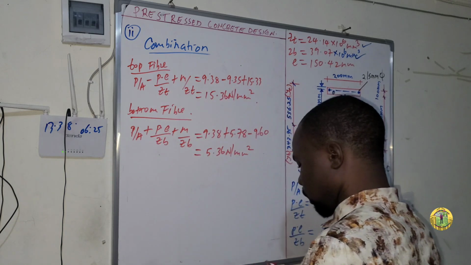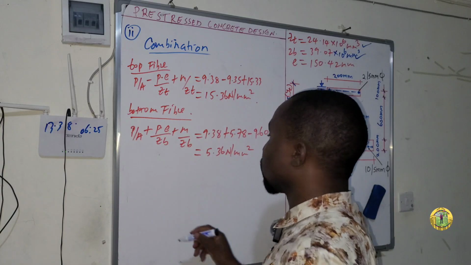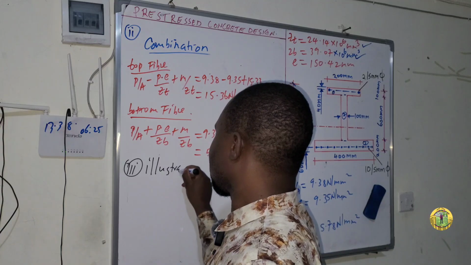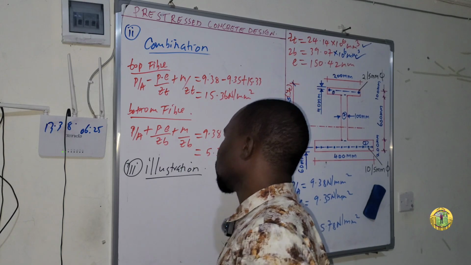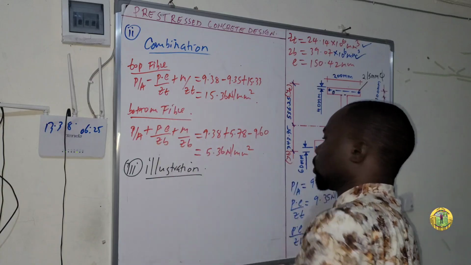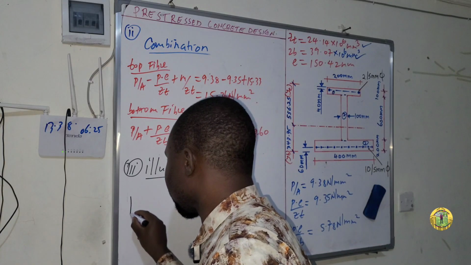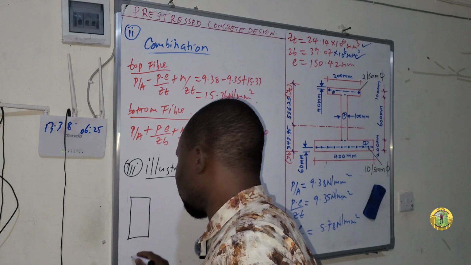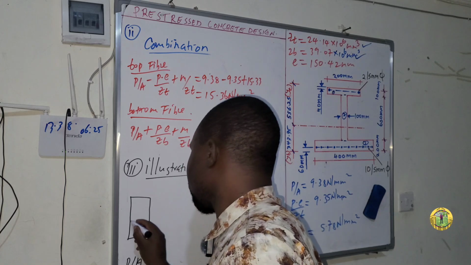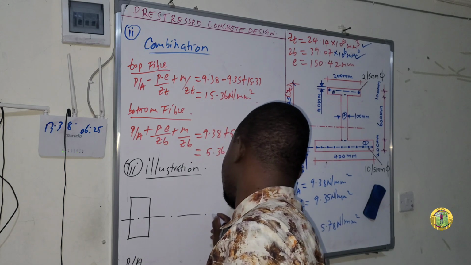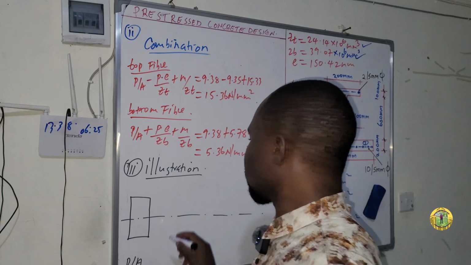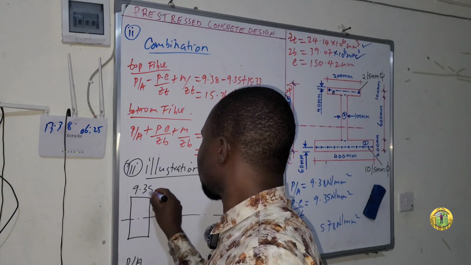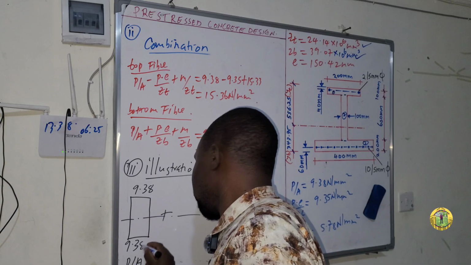Then the last part of the question is to illustrate. So for the illustration, we begin with the direct stress, which is P over A. So plus, remember at the top is 9.38.